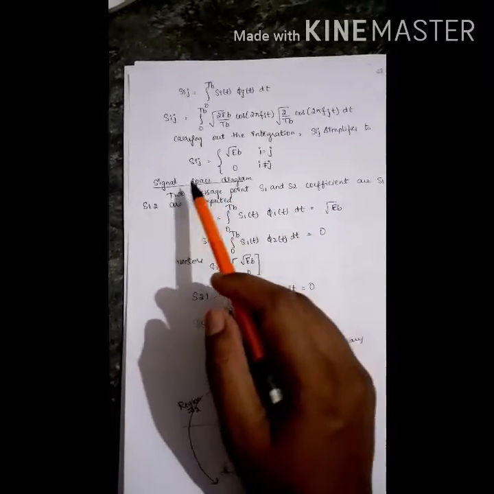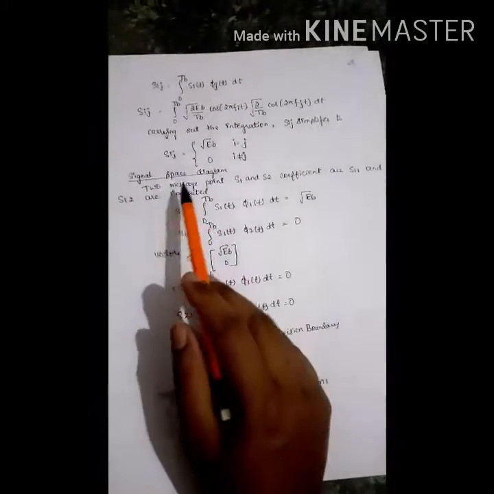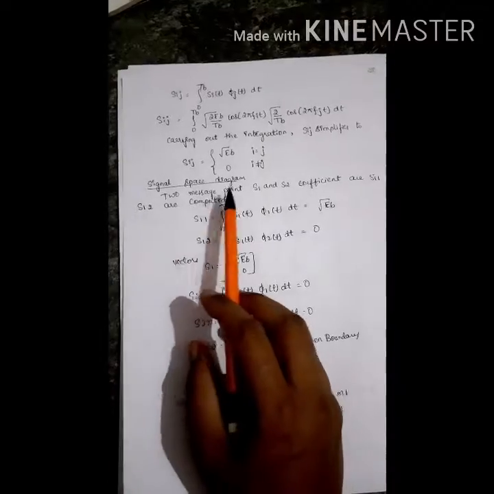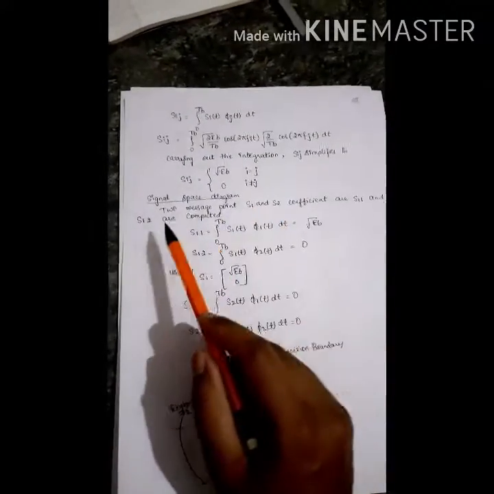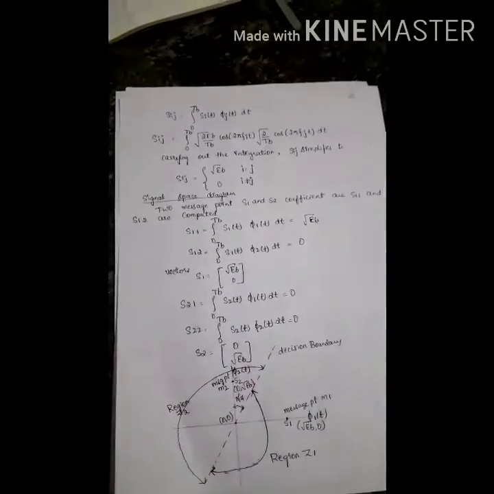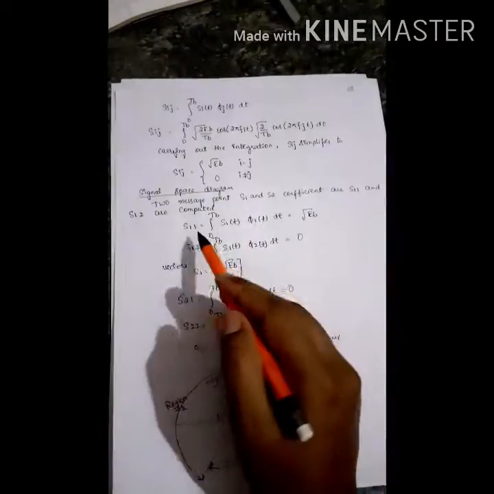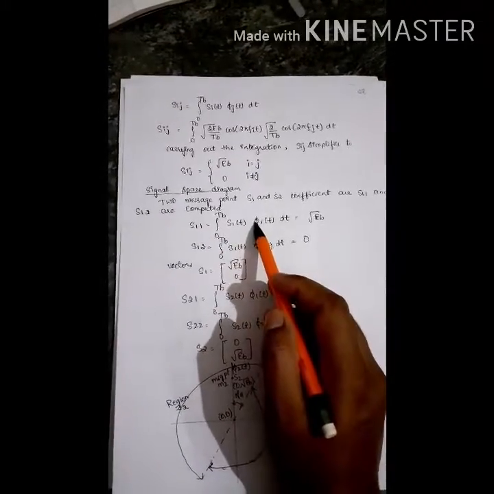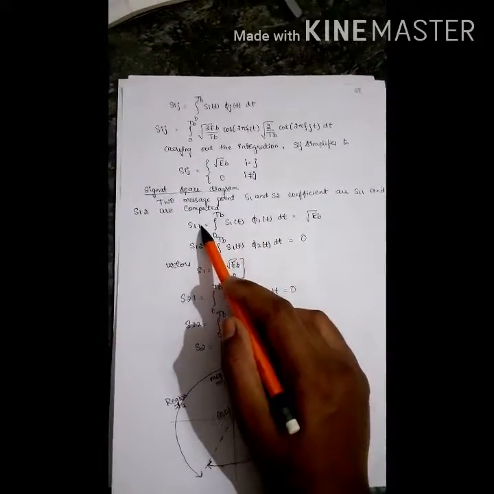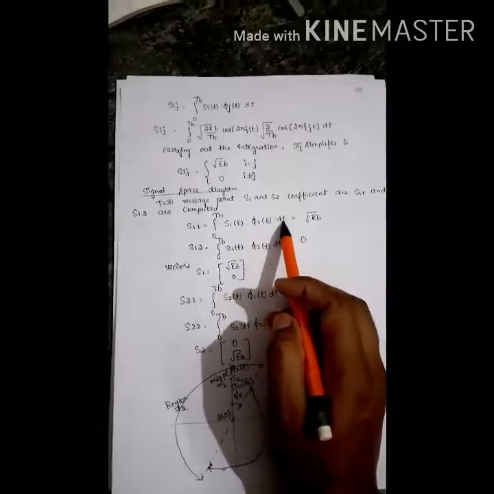And consider the signal space diagram. Here we know that for the two message points S1 and S2, the coefficients are computed. Here S11 is given by the integral from 0 to TB of S1 of t into phi 1 of t dt.